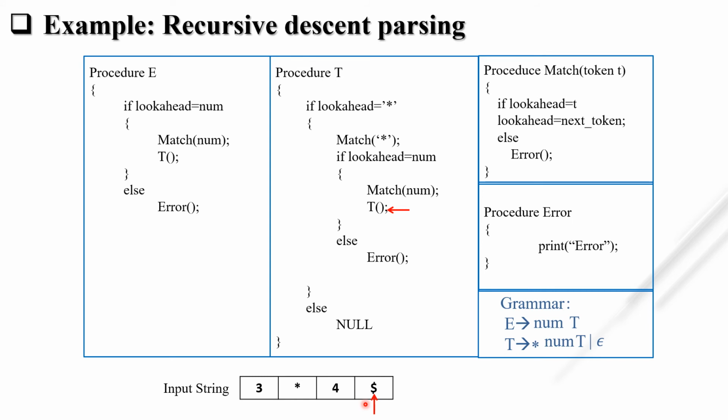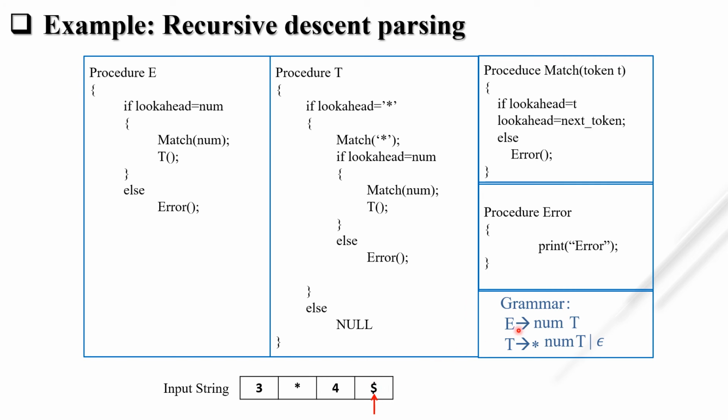When we call T, we have two alternatives. It may start with star or it may be null. So if there is a dollar, we have to put null, obviously. Now how does the parser know that this is the end of the input string and it is successfully parsed? So we have to write something for this dollar.